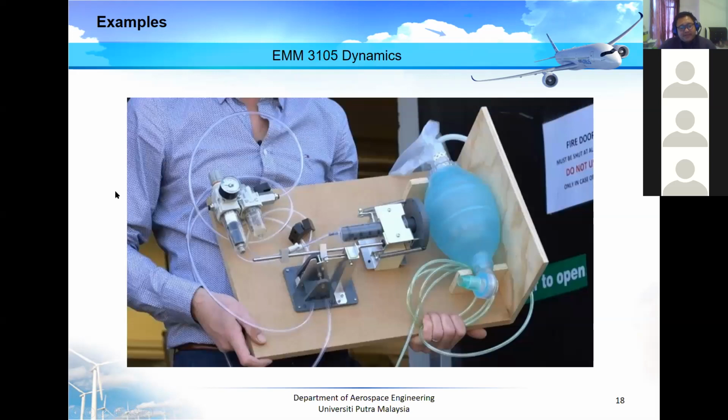Something related to COVID-19, where there is a lot of effort being done right now. For example, there is a group from the UK. I forgot to put the details down here. From the UK, what happened is they designed a module for this manual, what do you call that?